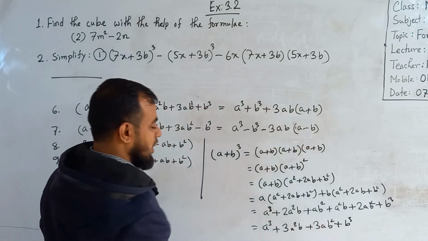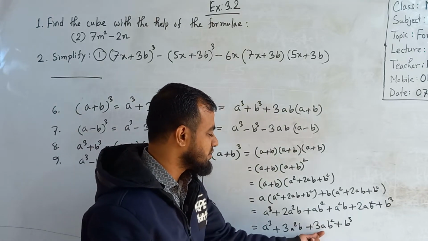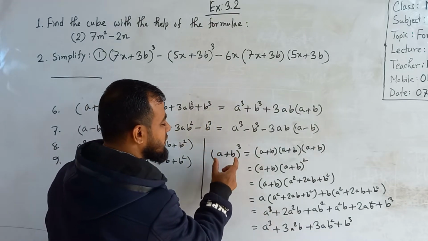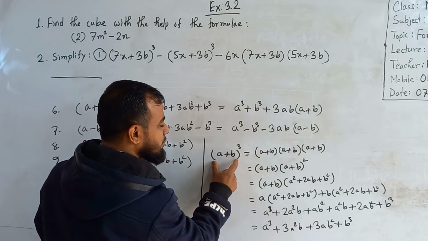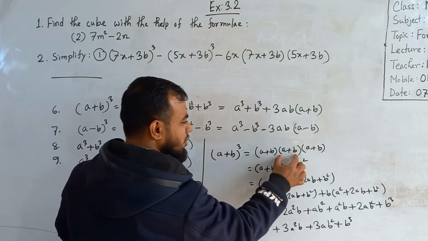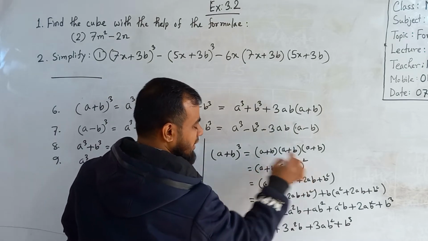This is our formula: (a+b) whole cube equals a cube plus thrice a squared b plus thrice ab squared plus b cube. And we can write it this way, my dear students, I am repeating: (a+b) whole cube means (a+b) multiplied 3 times, or (a+b) multiplied with (a+b) 2 times.